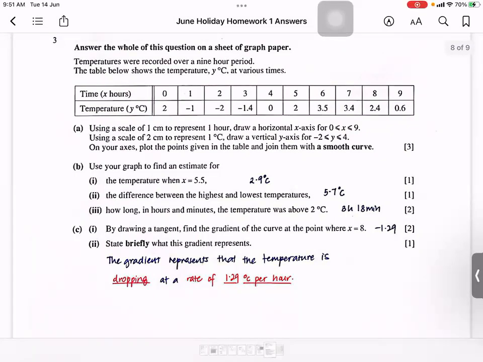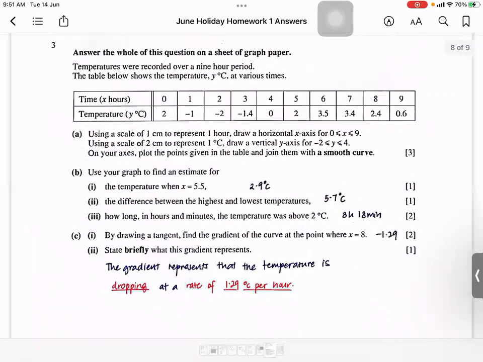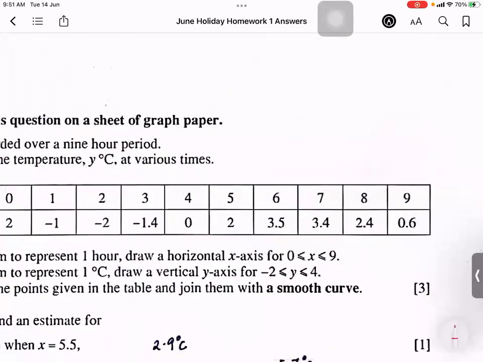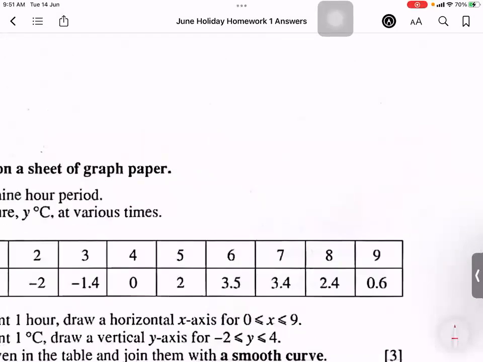There are a few main types of graph. While I still have a little bit of time, let me explain the few main common shapes of graph that you will be drawing. First type, common shape, quadratic equation.